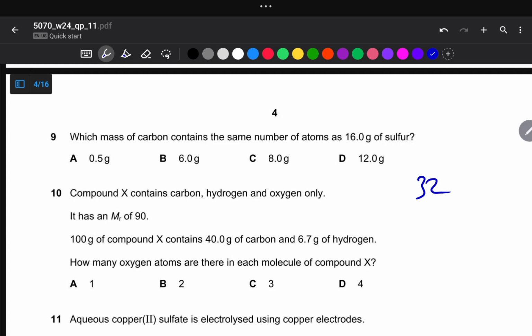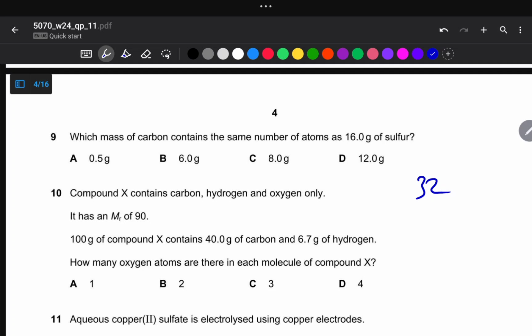According to Avogadro's law, equal number of moles contain equal number of particles, therefore equal number of moles. So 1 mole of sulfur contains the same number of moles as that of carbon. So this is half sulfur, so it contains the same number of atoms.